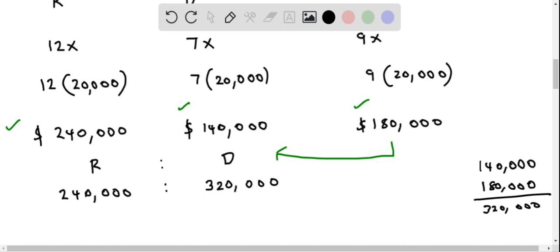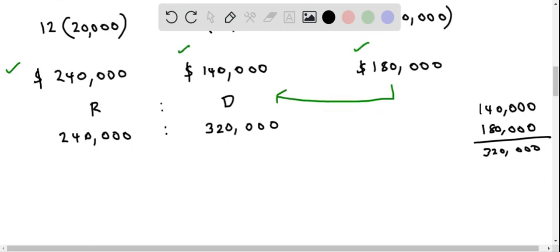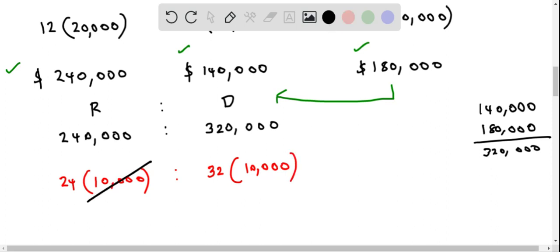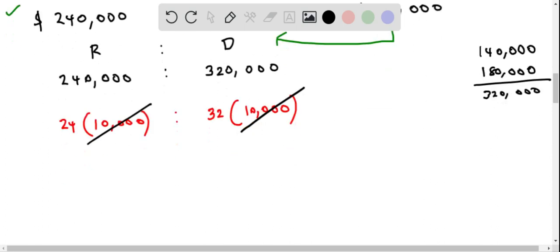Now we can simplify this and put it in ratio form. We see that we can write this as 24 times 10,000, and this as 32 times 10,000, which means we can cancel this 10,000 as well as this 10,000, and we get the ratio 24 is to 32.